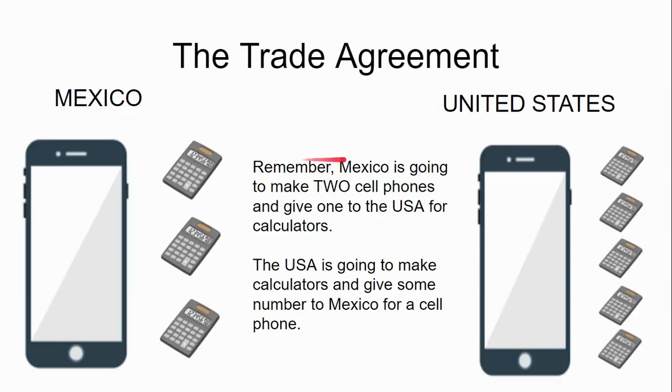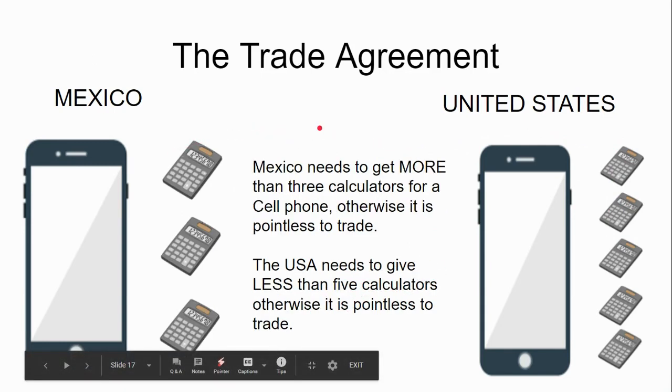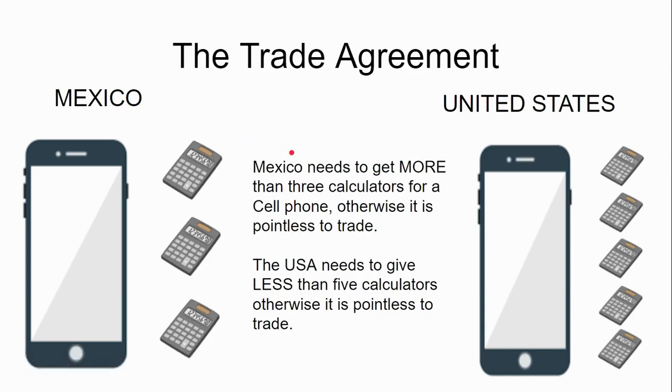So the trade agreement. Remember, Mexico is going to make 2 cell phones. They're going to make 2 of these and give one to the USA for some calculators. The USA is going to make calculators, so it's going to make these and give some number to Mexico for a cell phone. So like I said before, Mexico needs to get more than 3 calculators for a cell phone.